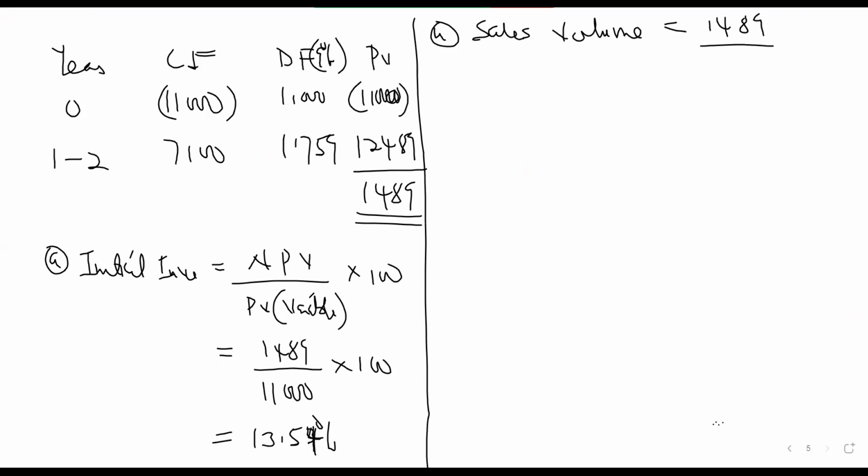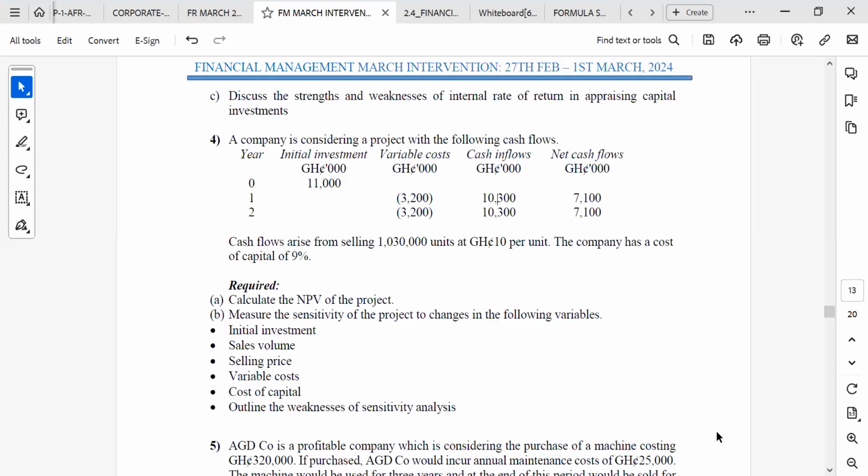What is the contribution here? $7,100. The contribution is just the revenue minus the variable cost. So you do it for each of the years and present value it, because we are talking about present value of the variables.